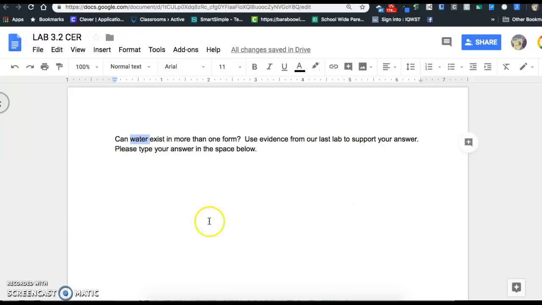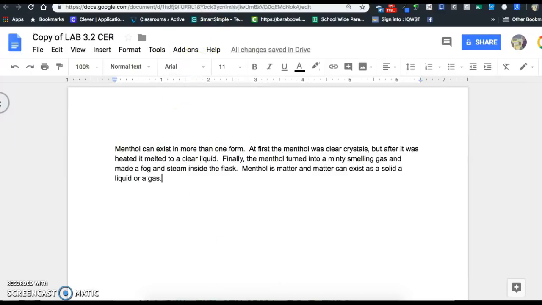So you have that information to support you in answering this question. But remember, when you write your answer, you should be writing a CER complete with a claim, evidence from what you saw, and reasoning related to a scientific principle that ties the two together.